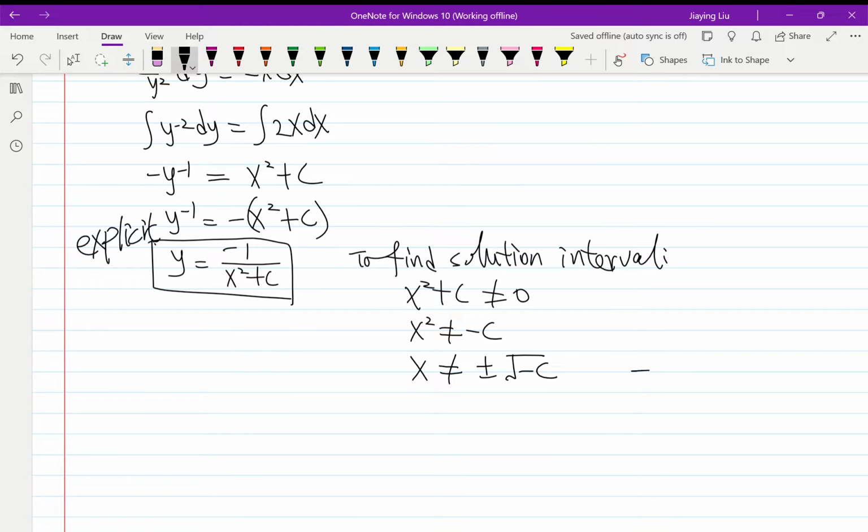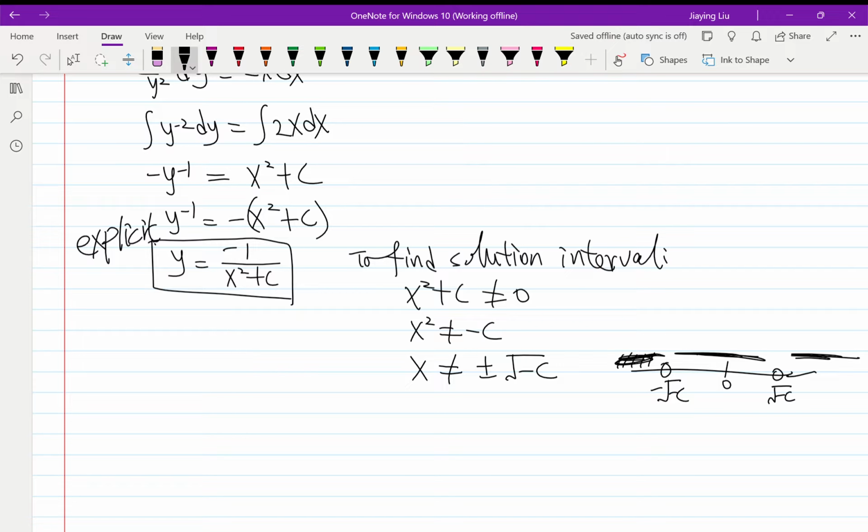If you look at the number line, suppose that's 0, negative square root of negative c is to the left, and positive square root of negative c is on the right. So basically we have all the numbers except for those two values of x. It could be this part, it could also be the middle or to the right. Those are the three intervals.